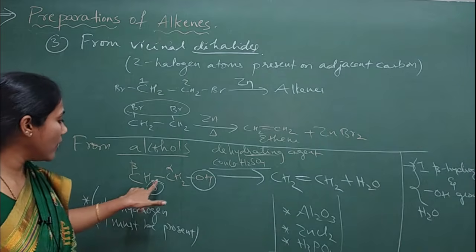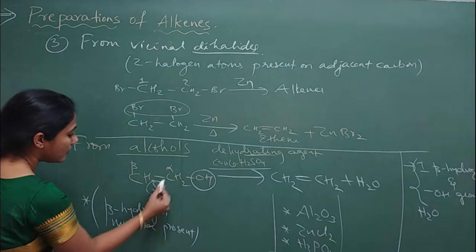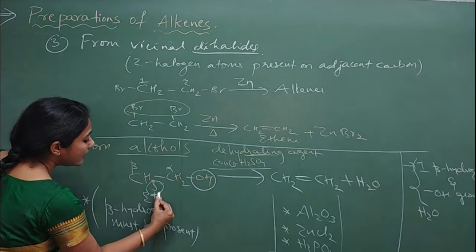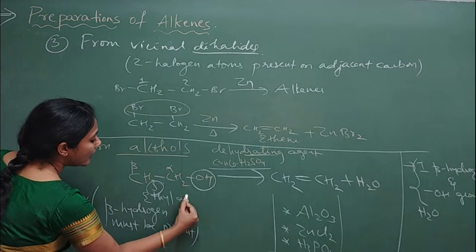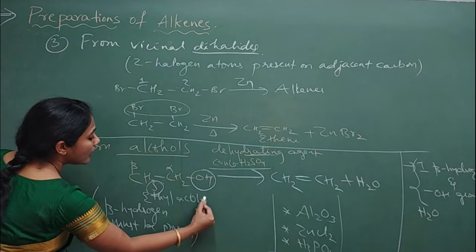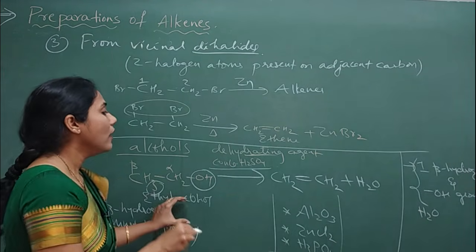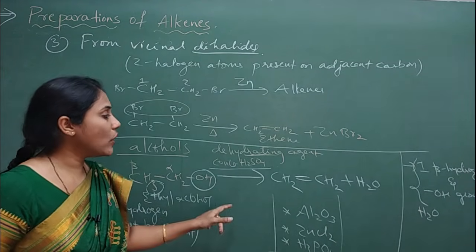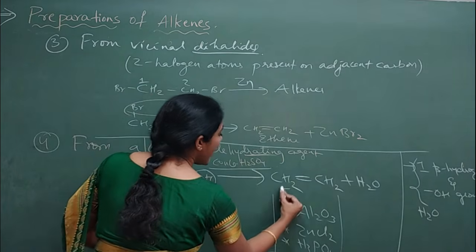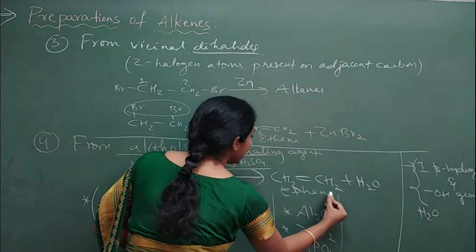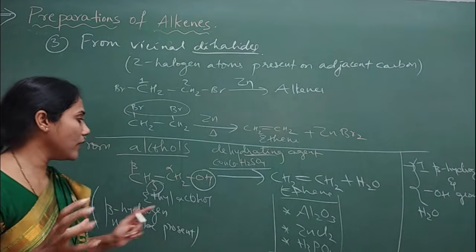So this is how water can be removed from alcohol to get alkene. What is the alcohol that you have taken here? Ethyl alcohol, or in other words ethanol. From ethanol you removed water, and you got ethene.